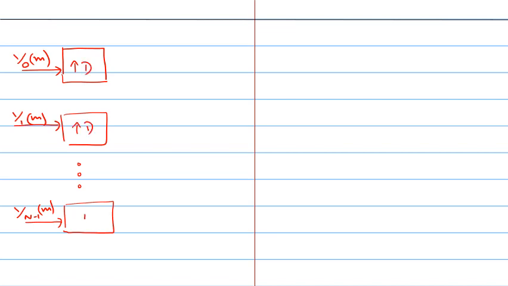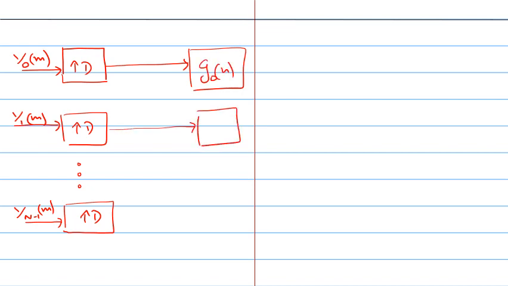Upsampler by a factor of d. Then these will be passed through a filter g0 n, g1 n, and this will be passed to a filter. Sorry, this is all our g0 actually, g0 n.